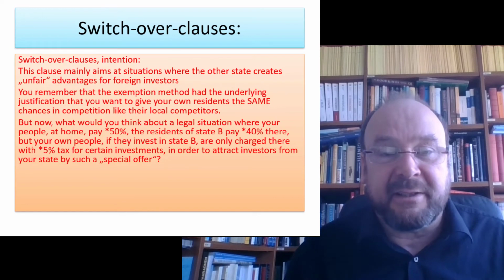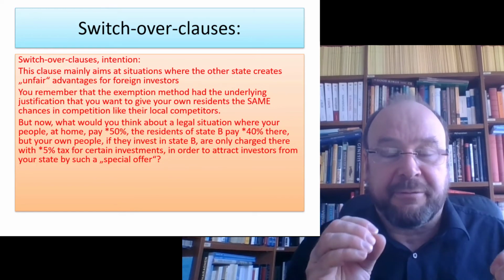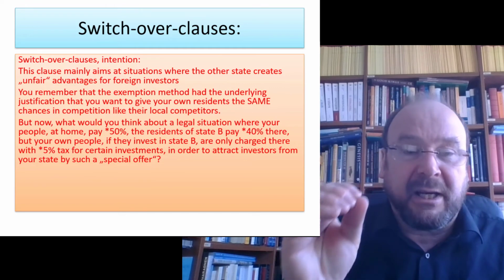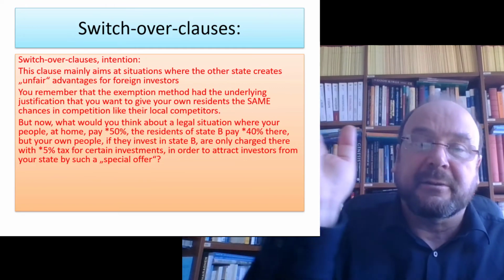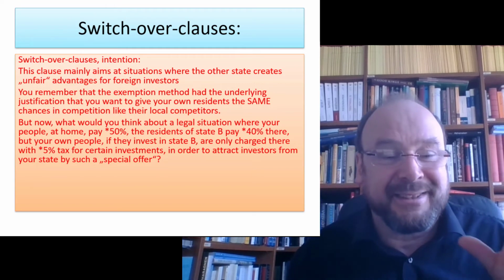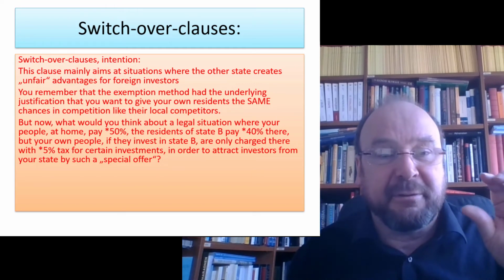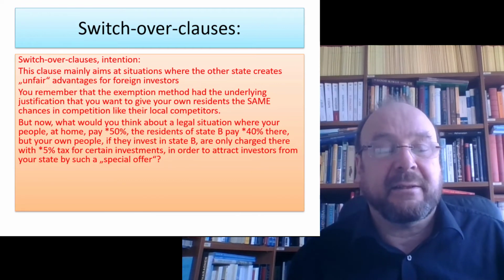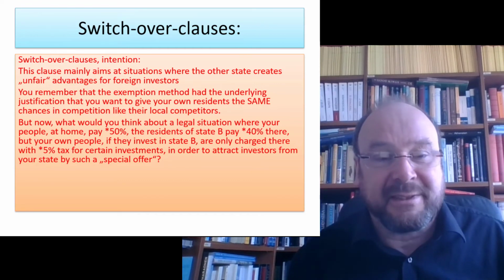So that would be a kind of special offer which is so attractive that it brings investors to shift their investments to the foreign state. It's even better under competition aspects than the conditions which the locals can ever use.